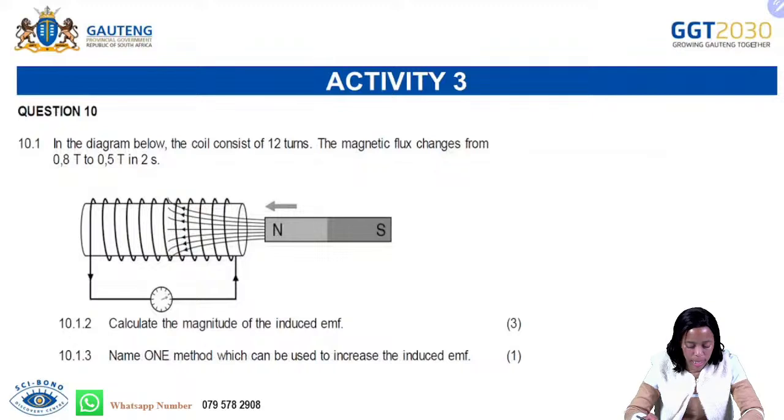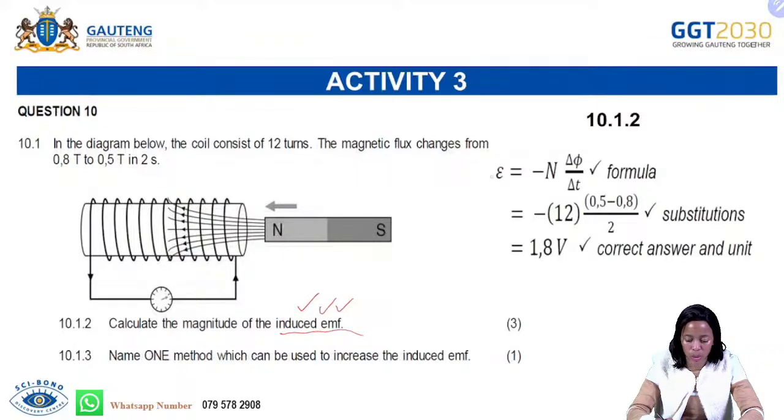Then it says here that we need to calculate the magnitude of the induced EMF. So which formula are we then going to use there? For the magnitude of the induced EMF, we are going to refer to the formula sheet there, and also look at what it is that we are given.